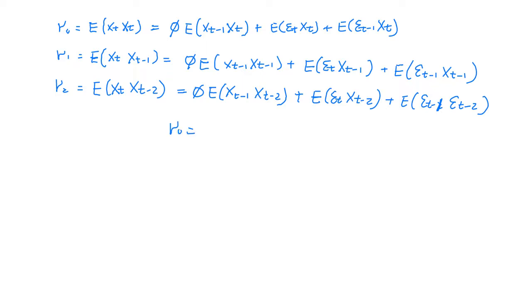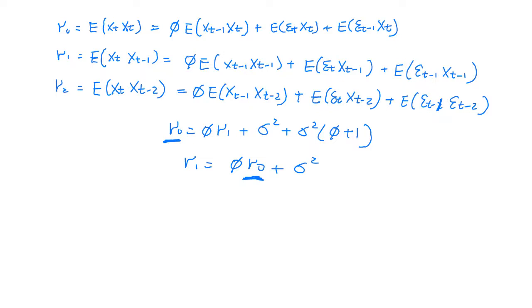gamma naught is equal to this. Gamma 1 is equal to this. Our goal is to find gamma 0 because this is the variance, right? But we also need gamma 1 because we want to find what the correlation function looks like.